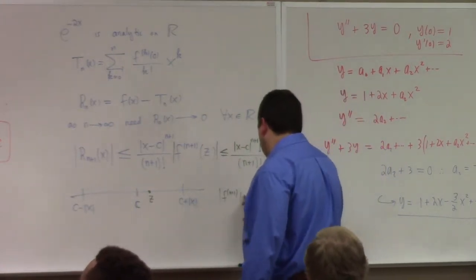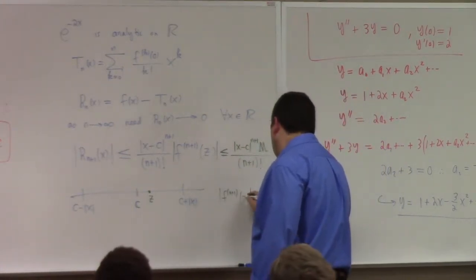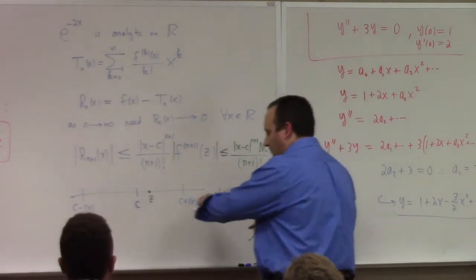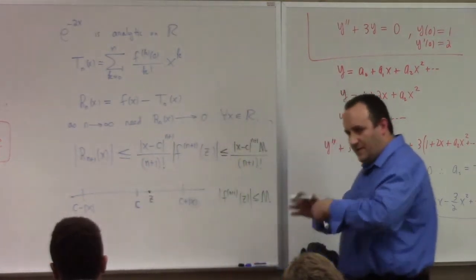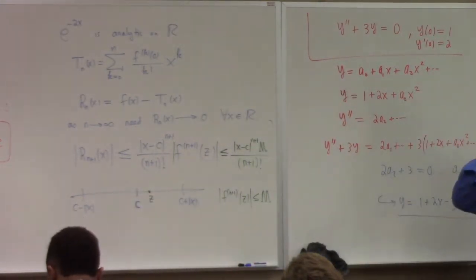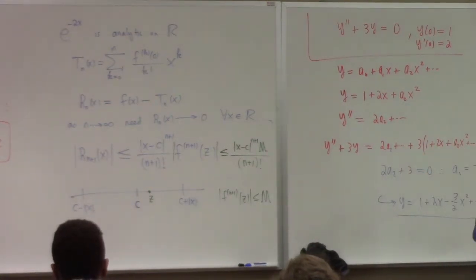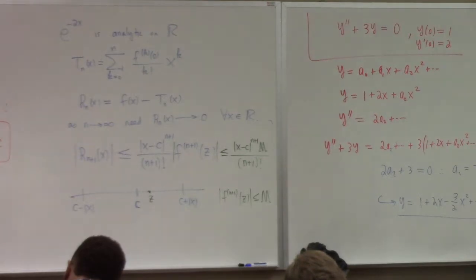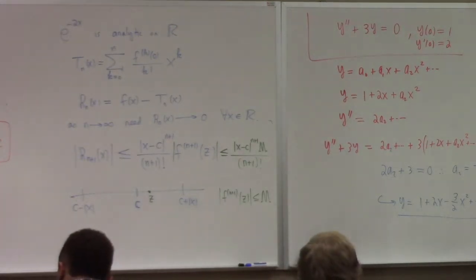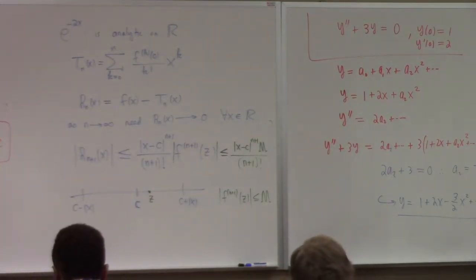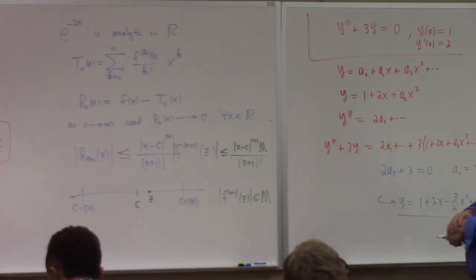I'm sorry, I've used up so many letters. Let's say for z, and now I'm thinking of z being a variable, though. If I have that, then I can replace this variable z, which I don't know what it is, with that bound. All right.